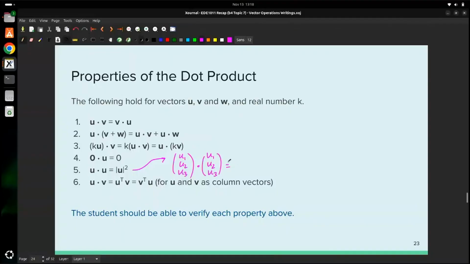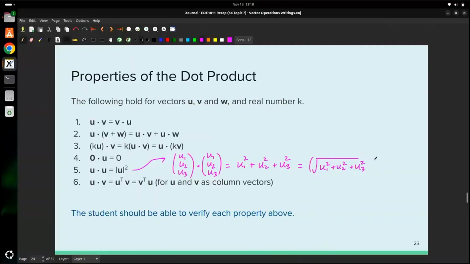So if you do the dot product between u and itself, then you're going to get u1 squared plus u2 squared plus u3 squared. Okay, but this is really the square of the square root of u1 squared plus u2 squared plus u3 squared.